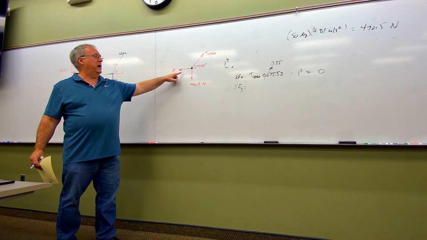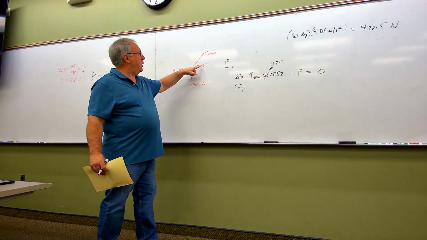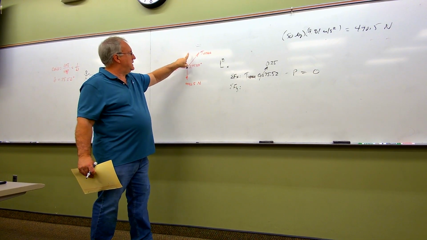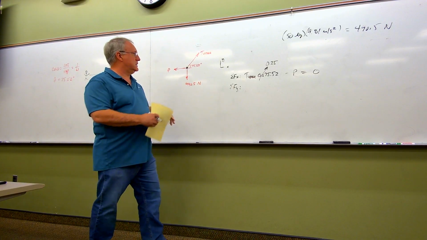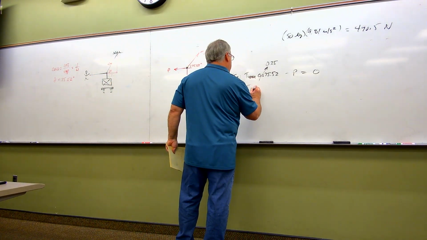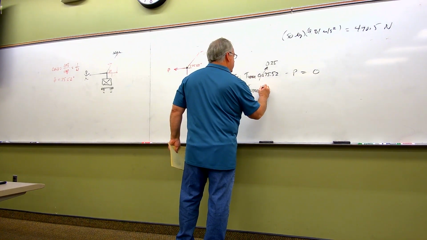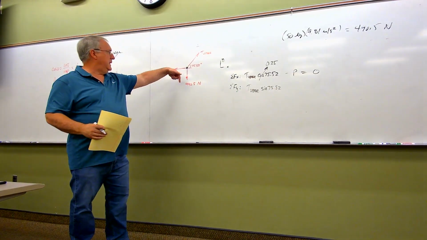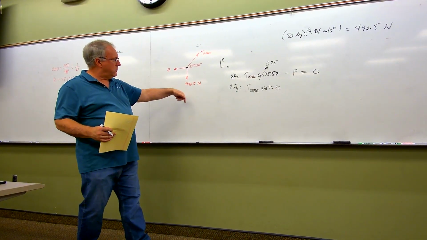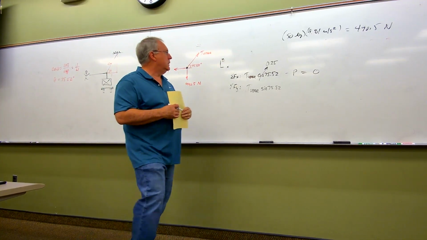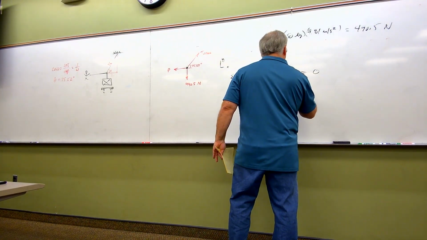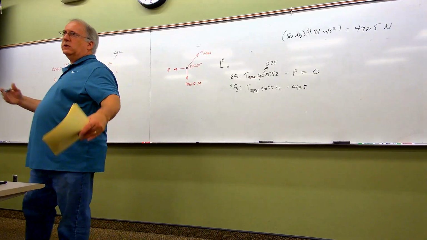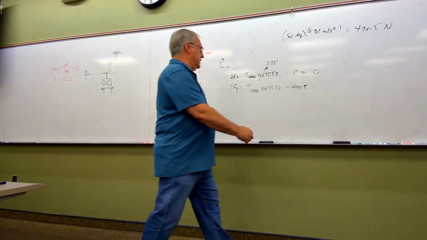If we resolve T upper into its Y component, it's trending upwards, so it's positive: T upper times the sine of 75.52, minus 490.5, because that's trending downwards in the negative Y direction according to our diagram. We've already said that P is not in that equation, so this has to add up to 0.